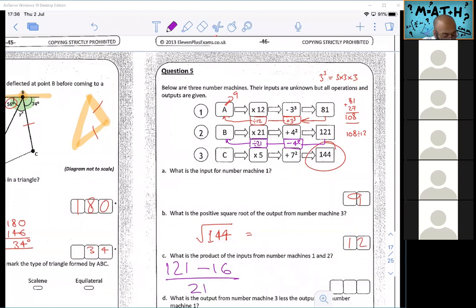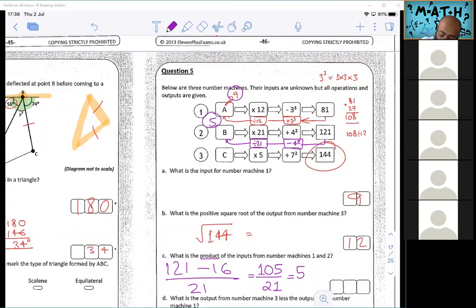First of all, what is 121 minus 16? It's 105. And what's 105 divided by 21? It's 5. So this is 5 now, and that's 9.